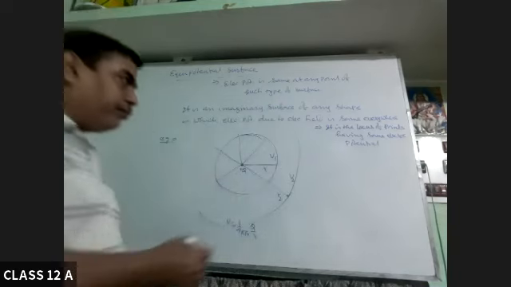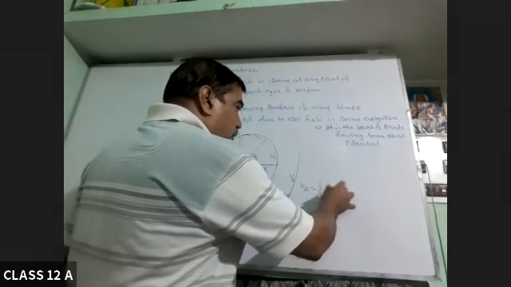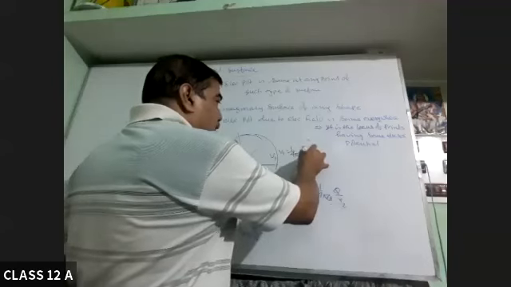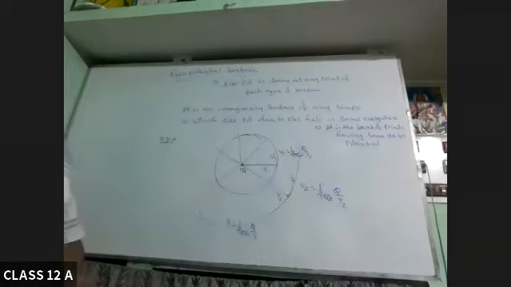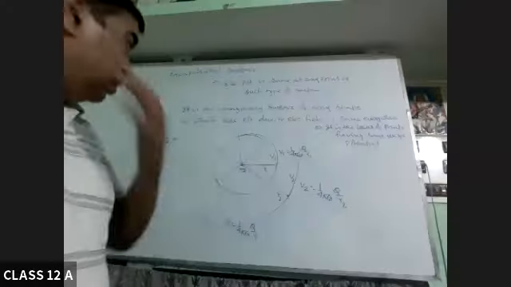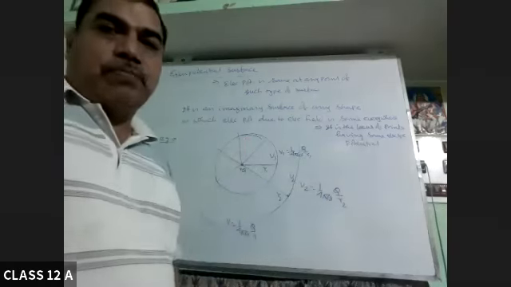V2 is 1 by 4 pi epsilon naught Q over R2. V1 is 1 by 4 pi epsilon naught Q over R1. So due to any source, we can have any number of equipotential surfaces.